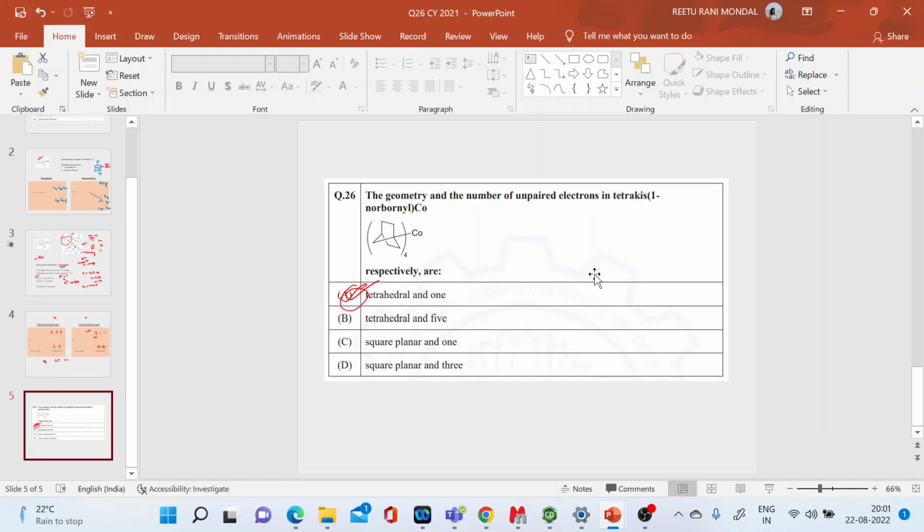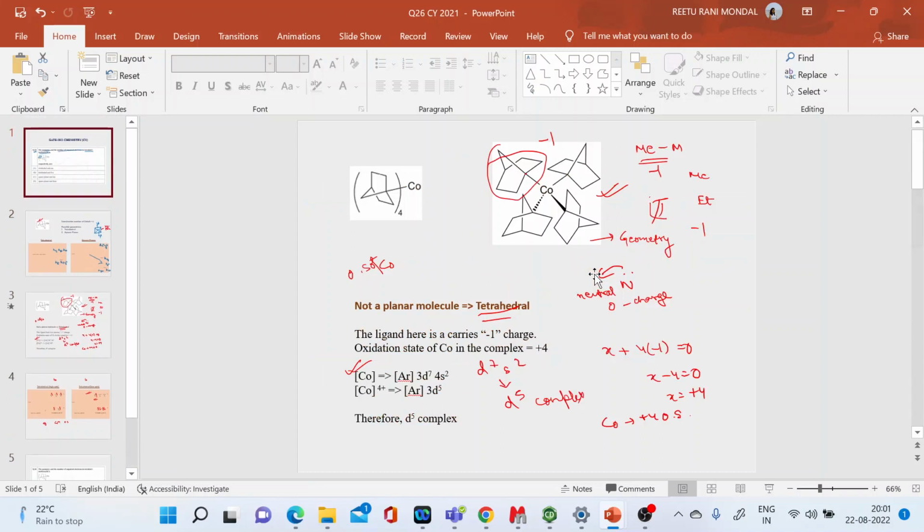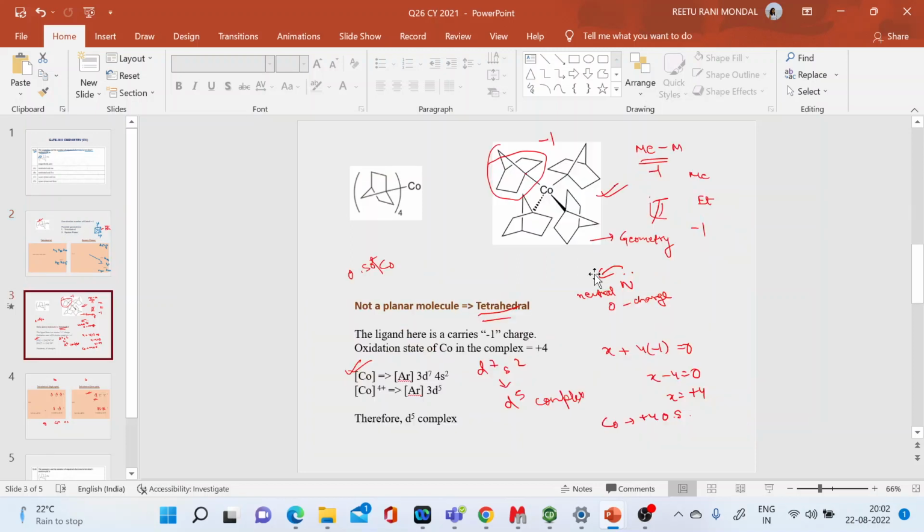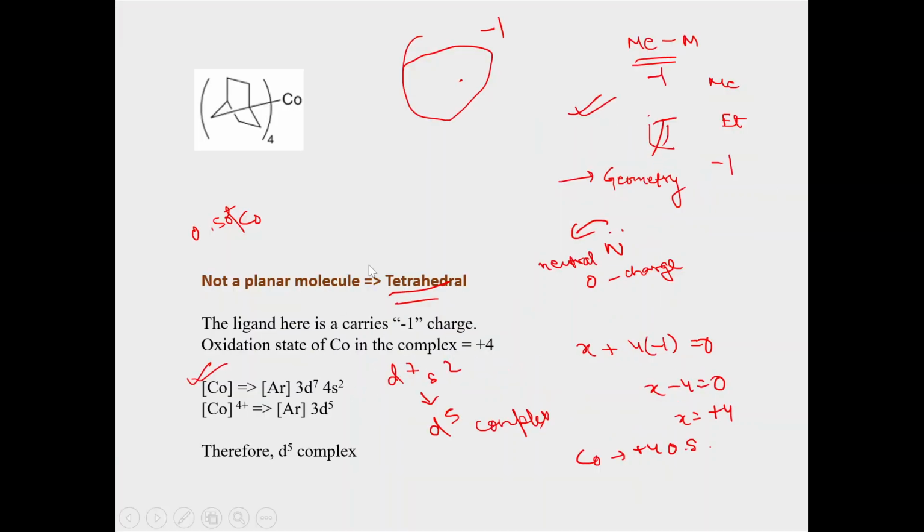What will happen if nickel is there instead of cobalt, ma'am? So here, for the same complex, first of all, this thing will be different, right? For nickel, it will be D8. If we consider this as nickel, then it will be nickel in plus 4 oxidation state, and it will be a D6 complex. D6 complex means, first of all, this will be tetrahedral only.